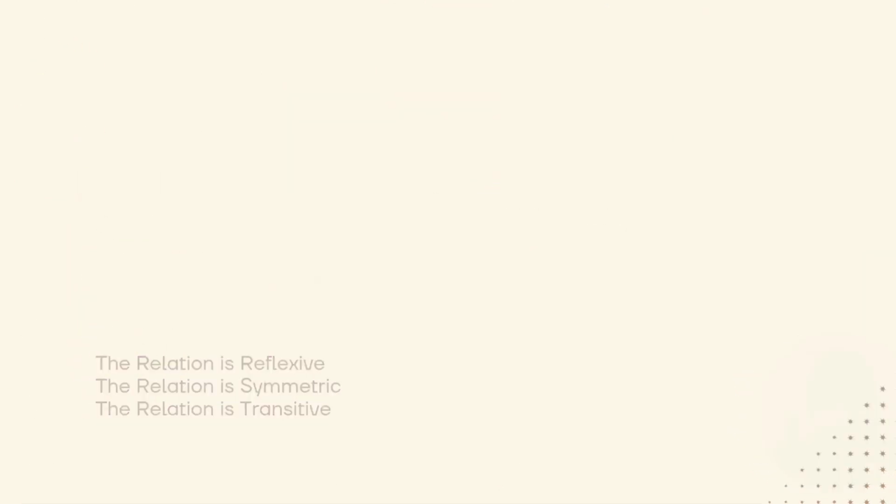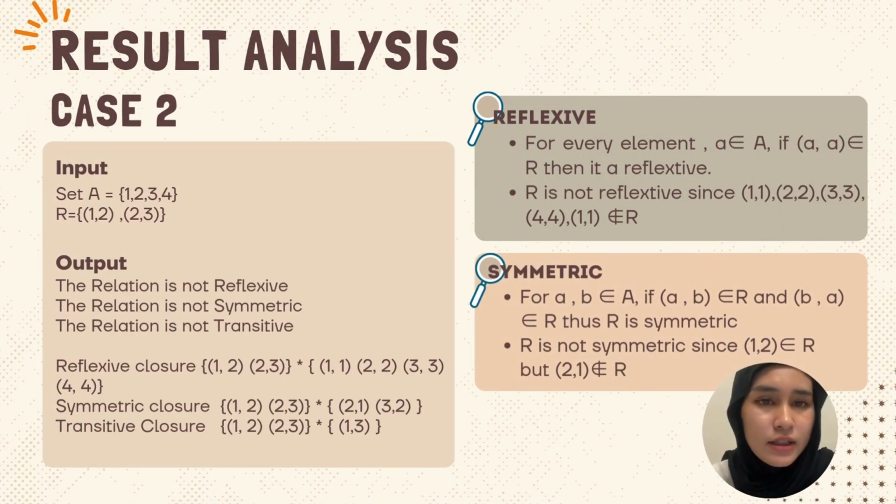As for the result analysis of case 2, the input from the user for set A is 1, 2, 3, and 4, and the relation created is (1,2) and (2,3). The output of the system is that the relation is not reflexive, not symmetric, and not transitive.